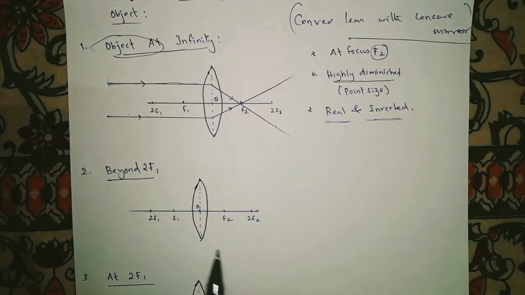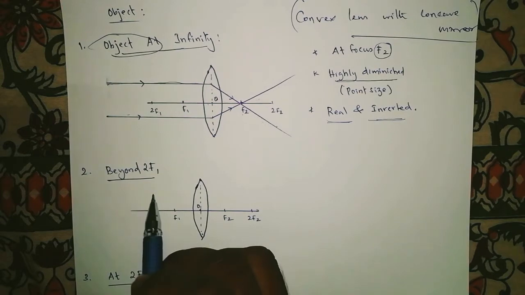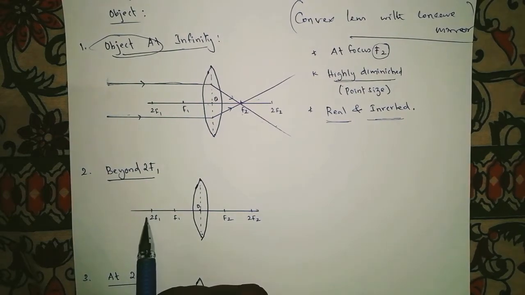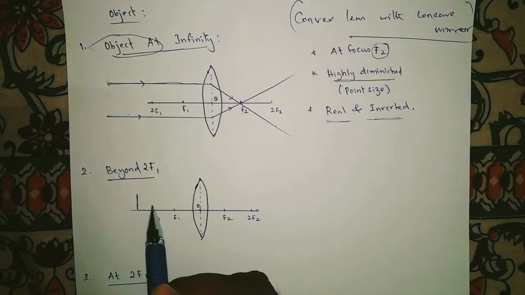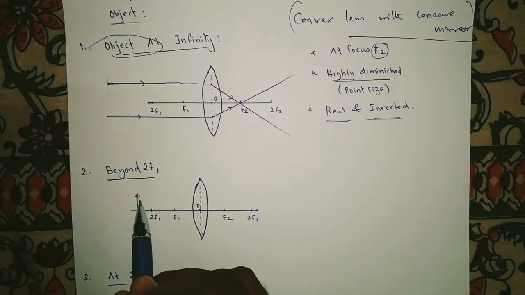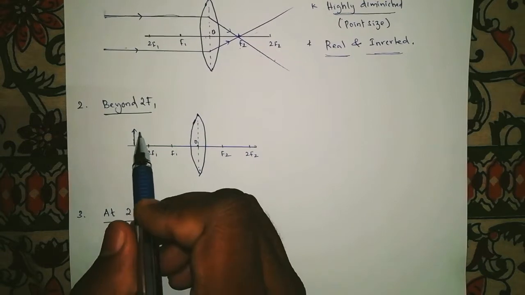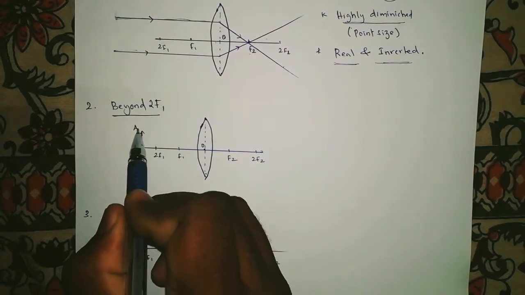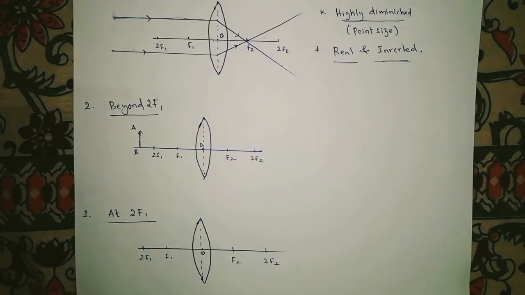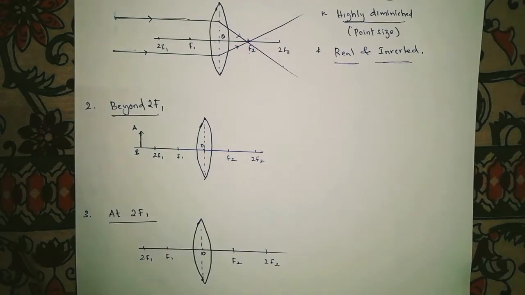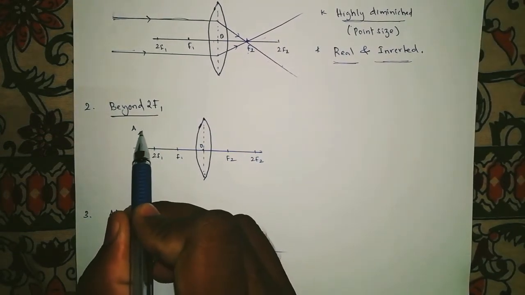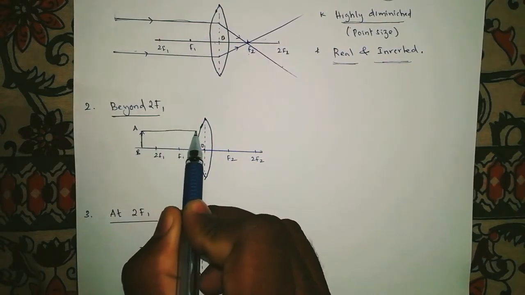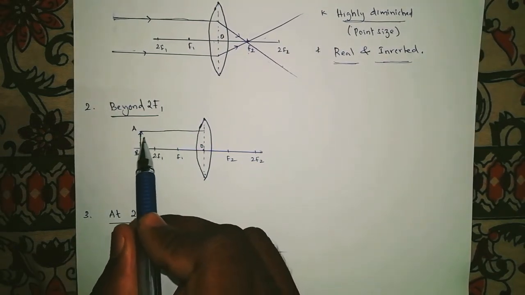Okay, next thing is just behind 2f1. So this is 2f1, right? Now you can think that this may be the object just beyond 2f1. You think that this may be A and B. Okay, an object is standing like this. So what happens when a ray of light comes parallel to the principal axis? This is one of the rules, right?